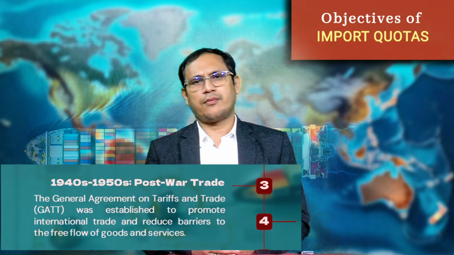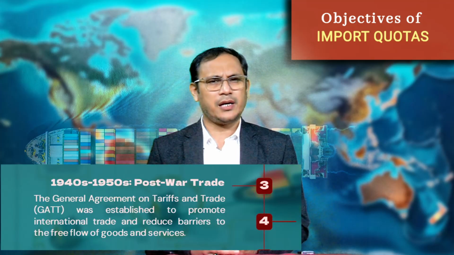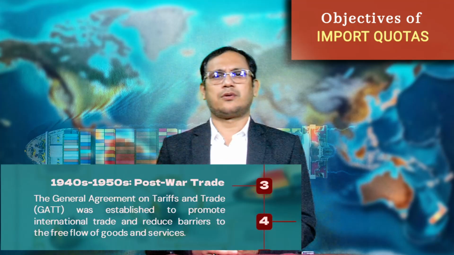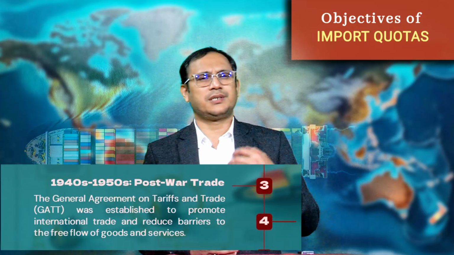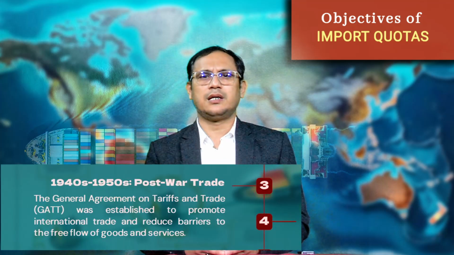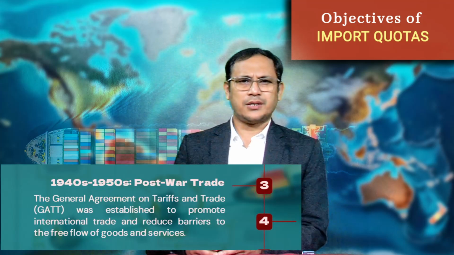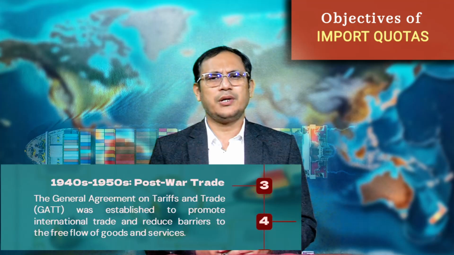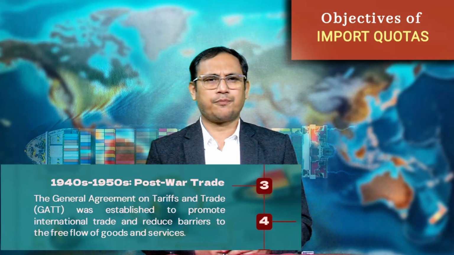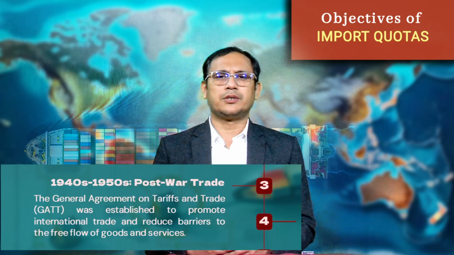However, many countries still maintained import quotas as part of their trade policy, particularly for sensitive sectors like agriculture and textiles. The international community also began to recognize the potential negative effect of protectionist measures, including quotas, on global trade.